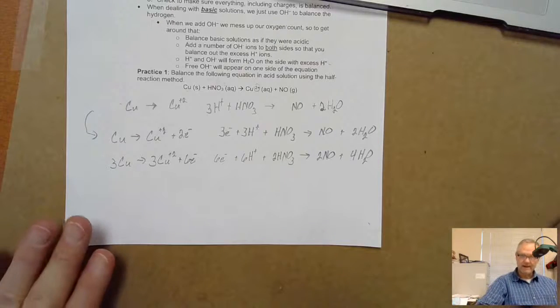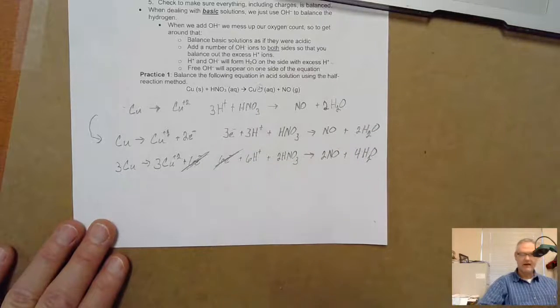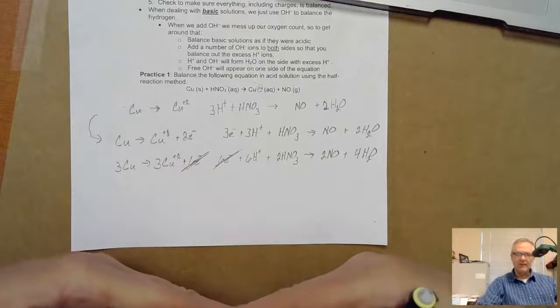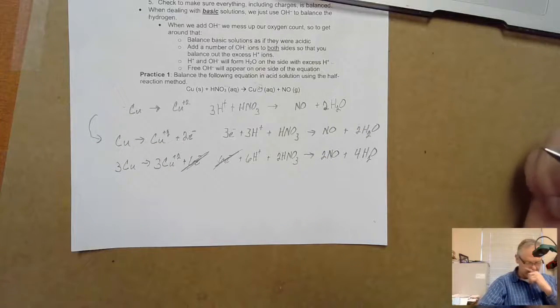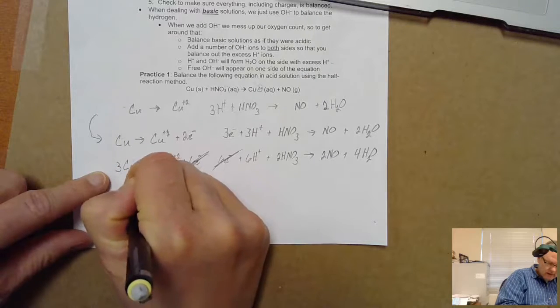At this time, I can now cancel out. Once you've canceled out your electrons, you're ready to combine it back into a complete balanced equation. So I've got 3 coppers.